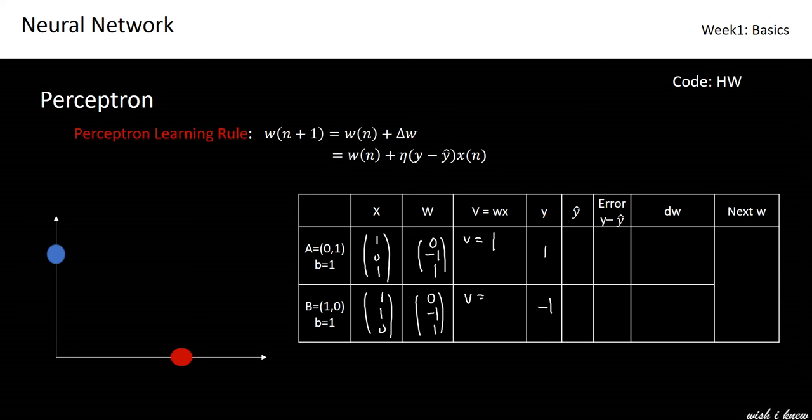And this one is going to be 1 times 0, which is 0, and 0 times -1 is 0, plus 1 times 1 is 1. So now 1 is larger than 0, so our prediction is going to be 1. And for the other, 1 times 0 is 0, 1 times -1 is -1, plus 0, so -1 is less than 0, and the prediction is going to be -1. So there's no error. This delta w is going to be 0. We don't have to update anymore because it's right, because we have found the correct weight vector, which is 0, -1, 1.